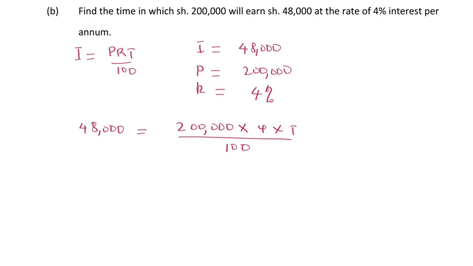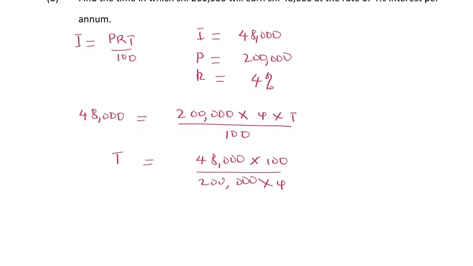Then our equation is going to be T equals 48,000 times 100 over 200,000 times 4, of which after solving the values, we are having T equals 6. Therefore, we are saying the time for investment is going to be 6 years.